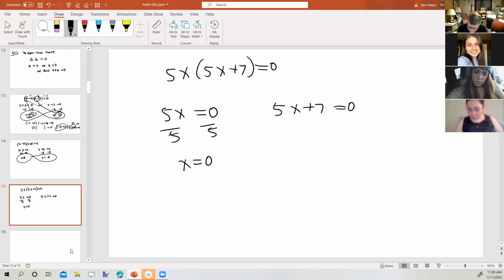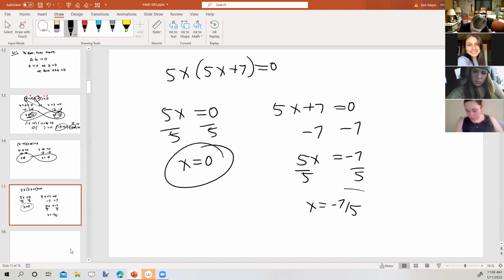If 5x + 7 = 0, subtracting 7 from both sides, and then dividing both sides by 5, x = -7/5. So again, we have two solutions to a second degree equation. Any questions?